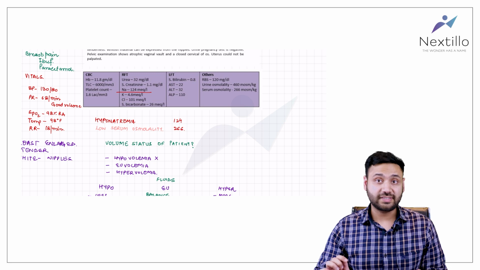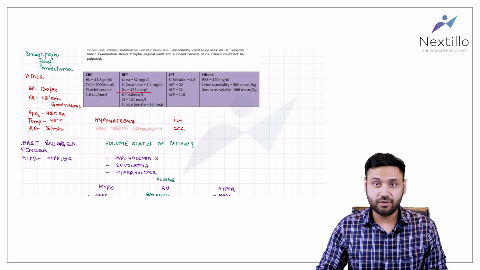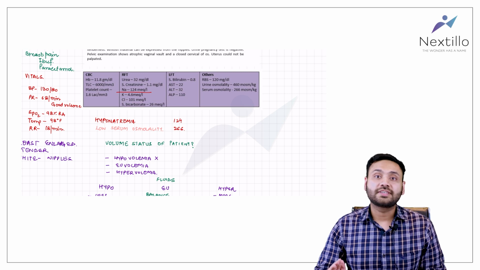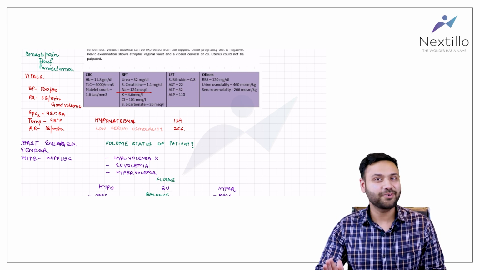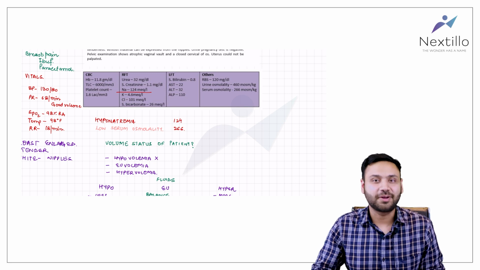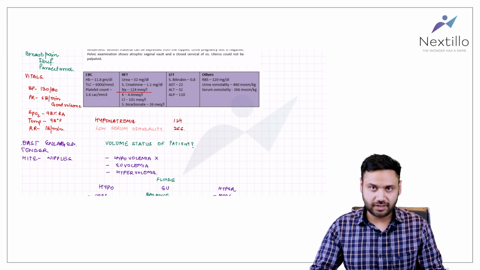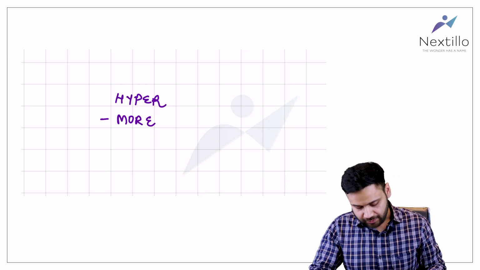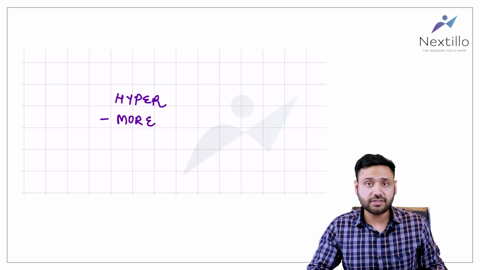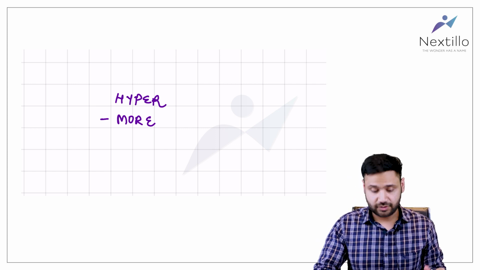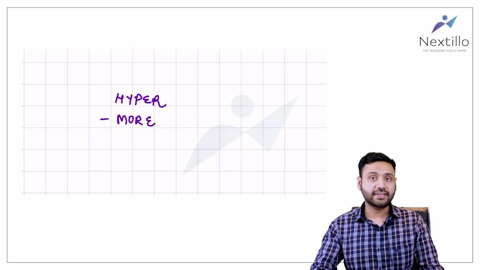So if you see that the blood pressure is normal, the pulse rate is normal, the pulse volume is good, you would say that the patient is not hypovolemic, at least in the present case scenario, right? Let's move towards hypervolemia. So for hypervolemia, there is more fluid in the body, right? So when extra fluid is present in the body, it would deposit everywhere.